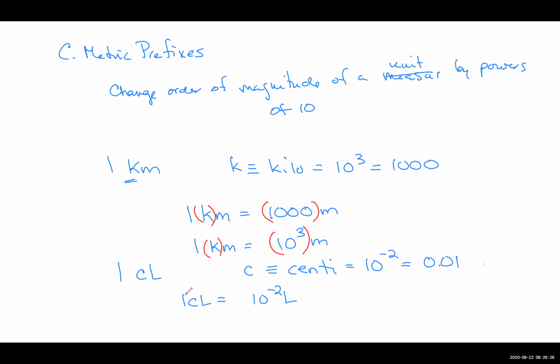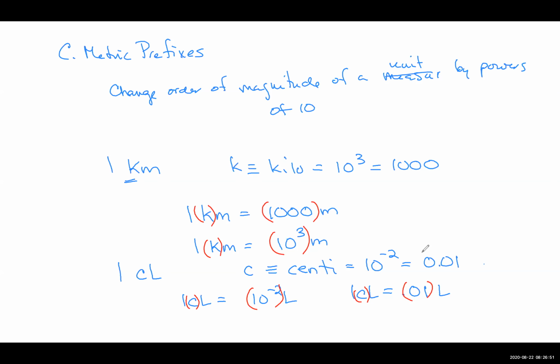Notice what I'm doing. The C is being replaced by its meaning. I myself like to use the exponents, so that's what you'll see me do throughout most of the lecture. Or you could also have written that 1 centiliter is equal to 0.01 liters. And if you notice again, I'm just replacing that C with its meaning.